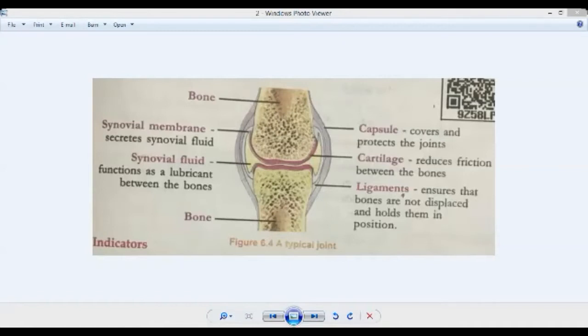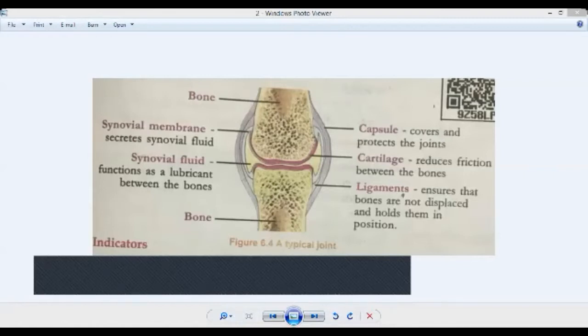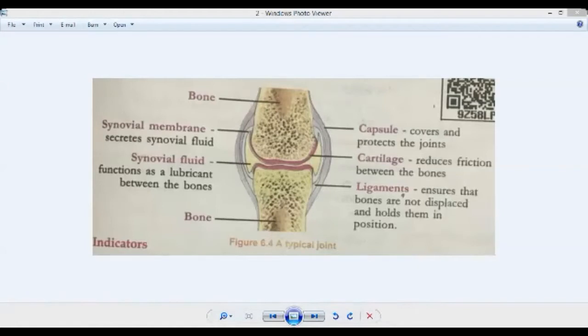Then the capsule, you can see in the picture, covers and protects the joints. Then the cartilage reduces friction between the bones. Then ligaments ensure that bones are not displaced and are in the correct position. That means ligaments hold the bone in the correct position.